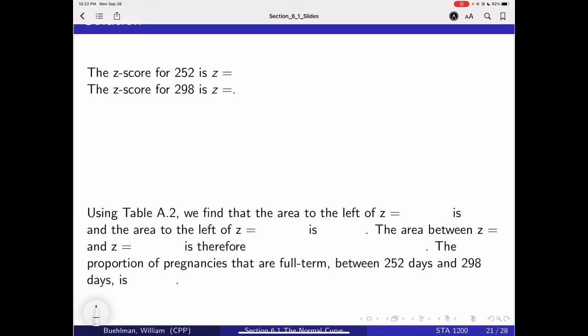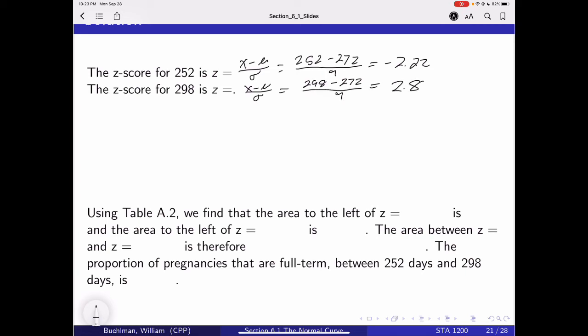The z-score for 252 is x minus mu over sigma, which is 252 minus 272 over 9, which gives us negative 2.22. And then the z-score for 298 is x minus mu over sigma, which is 298 minus 272 over 9, which gives us 2.89.